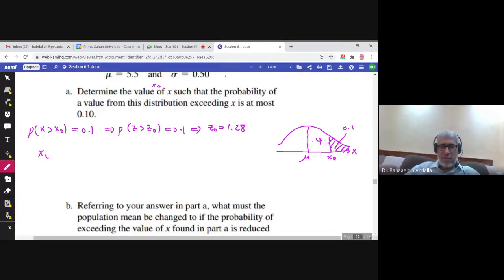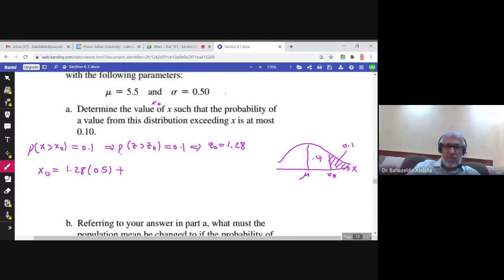And you can use the relation x0 is 1.28 times sigma, which is 0.5, plus mu, which is 5.5. And we will have x0 equal to 6.14. So this is the value of x which 10% of all x values exceed.